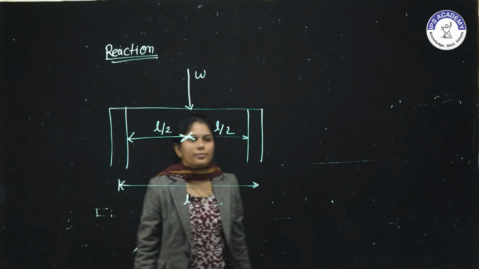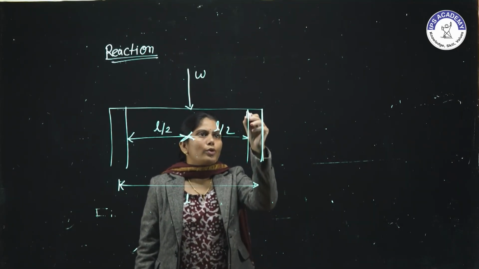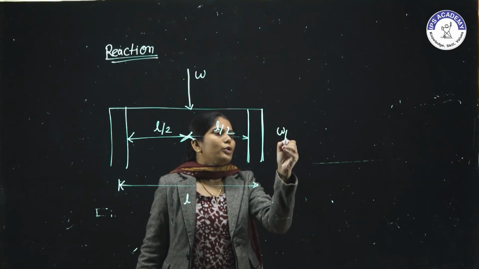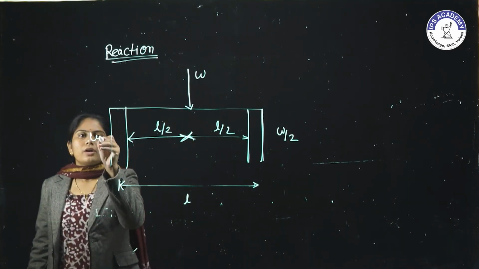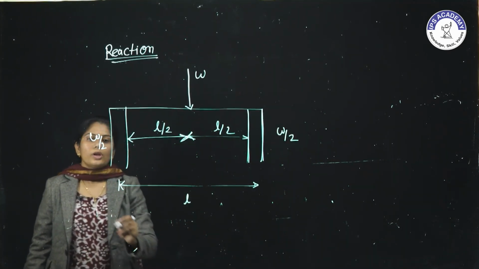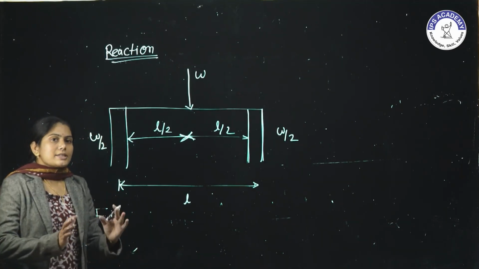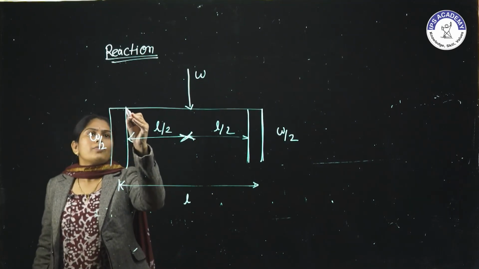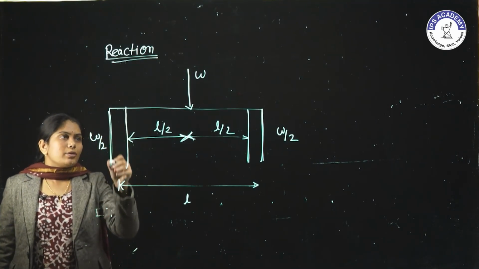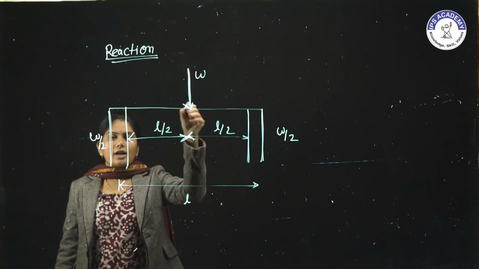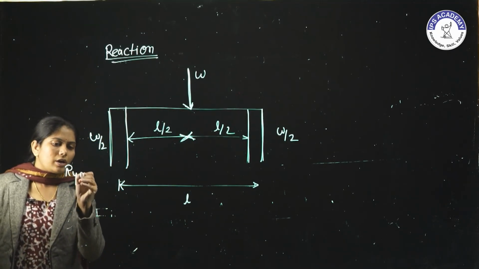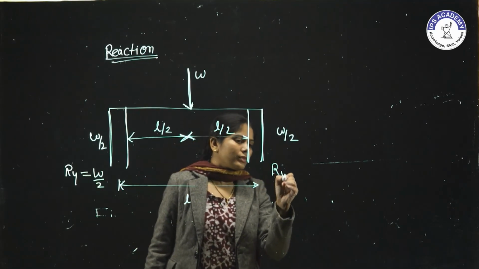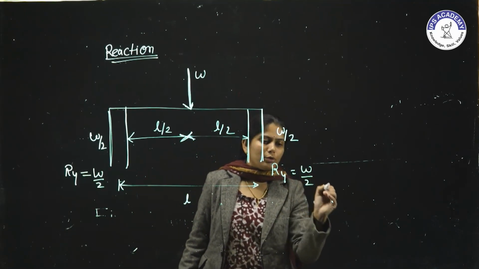So clearly both supports will take equal load, W by 2. This is a simply supported beam, so only vertical reaction because of vertical load. So RA is W by 2, RB is W by 2.